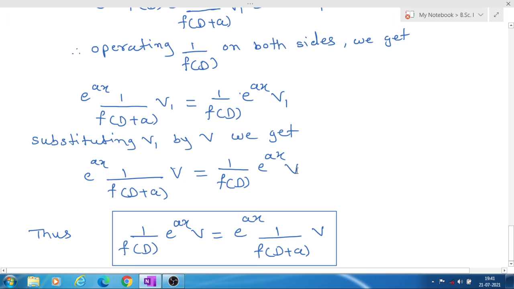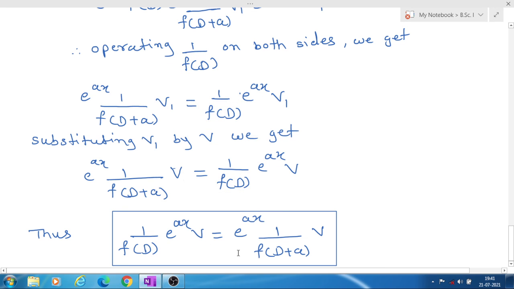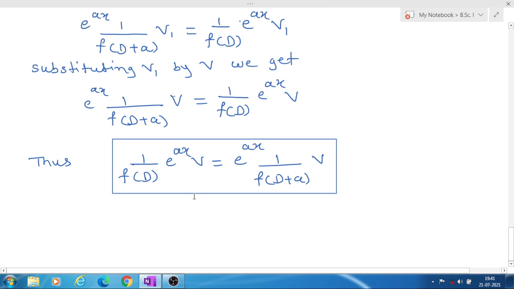For that we write this RHS on LHS and LHS on RHS, so that our formula is 1 upon f(D) e raised to ax v is equal to e raised to ax into 1 upon f(D plus a) into v. So this is our P.I. for e raised to ax into v.